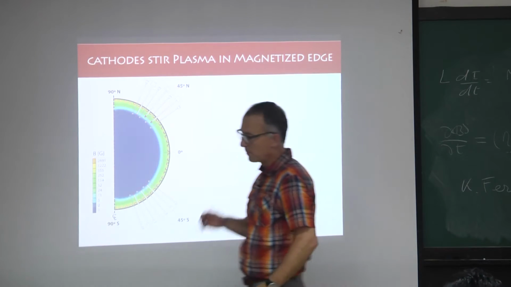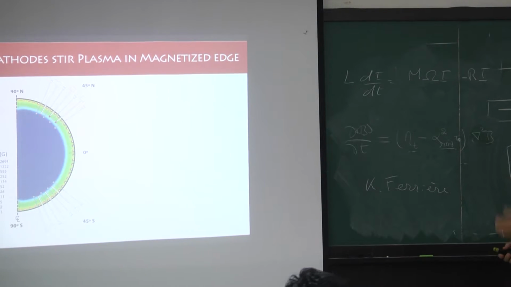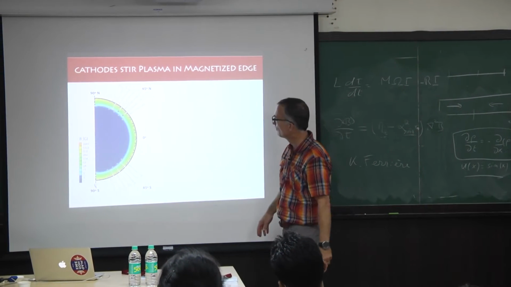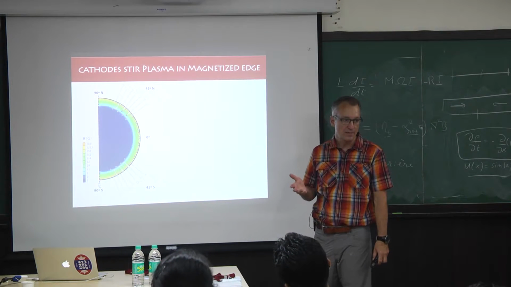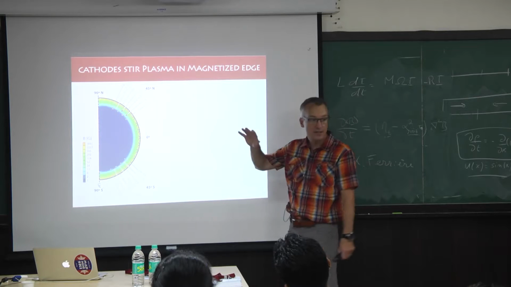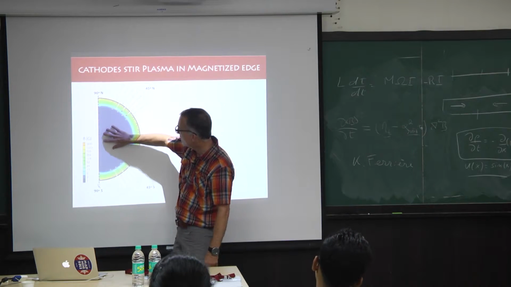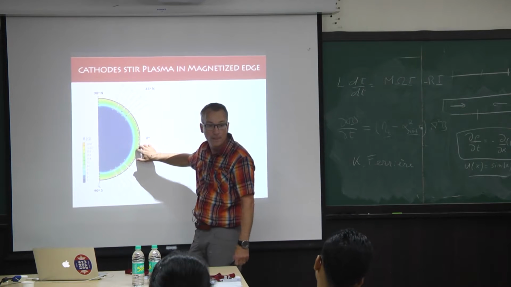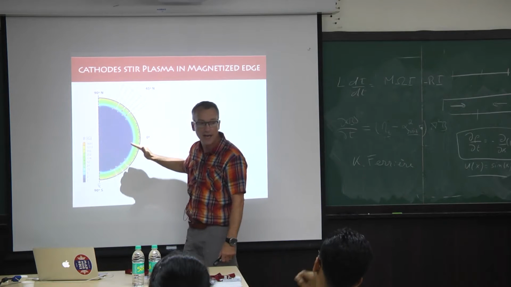Let me show you an example of how we stir the plasma using this concept of cathode stirring. Again, we have this unmagnetized region and the magnetic field here. We have cathodes that we can put at any latitude that we want.